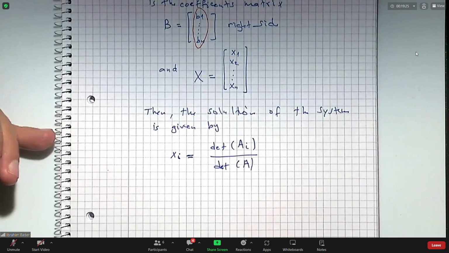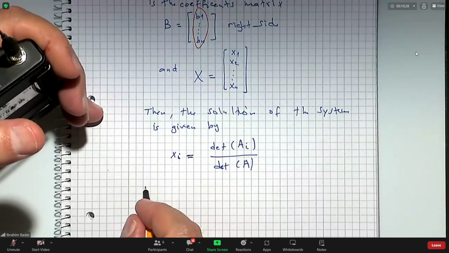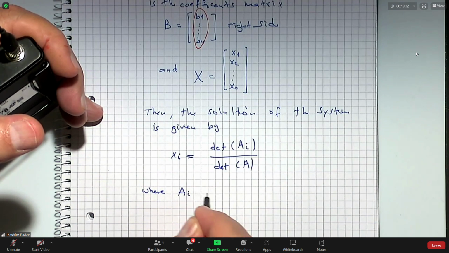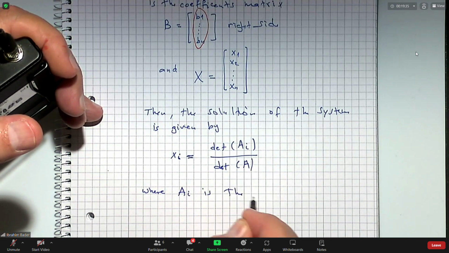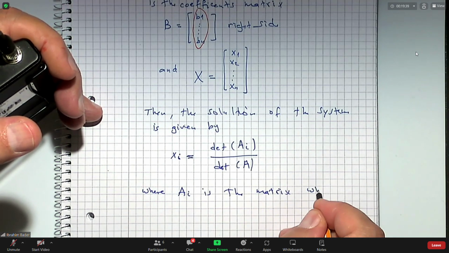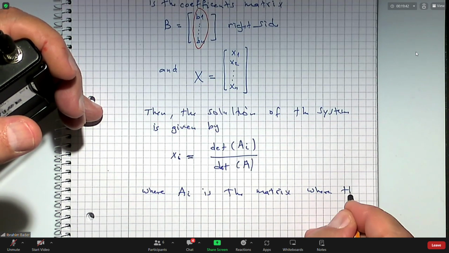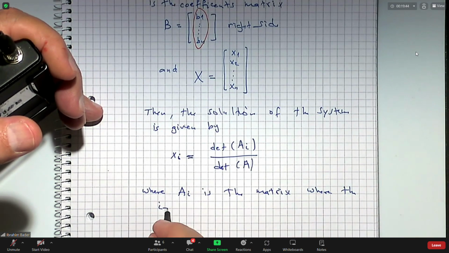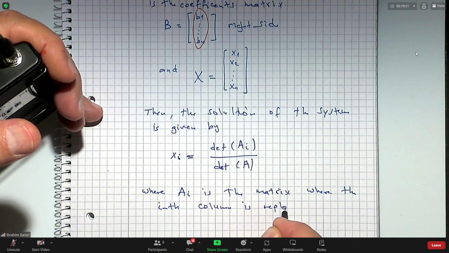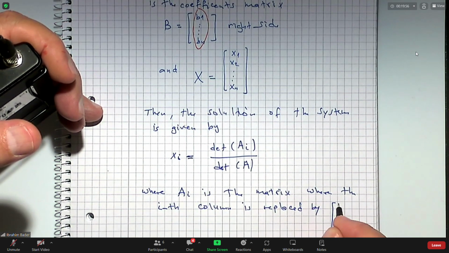Now, what is A sub i? A sub i is the matrix where the ith column is replaced by the right-hand side, so B1, B2 up to Bn.